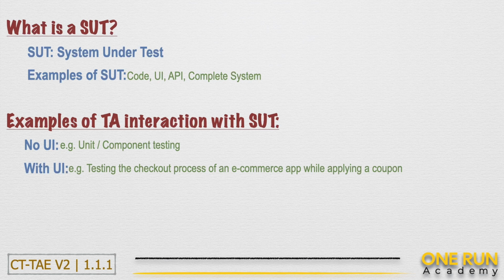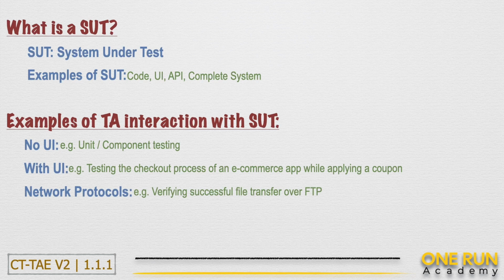The automation tool will navigate the UI just like a human would, clicking buttons, entering the text of the coupon, and finally verifying the discount price is applied. Sounds cool, right? Then we've got protocols. An example could be automatically testing an FTP server to make sure files are transferring successfully.